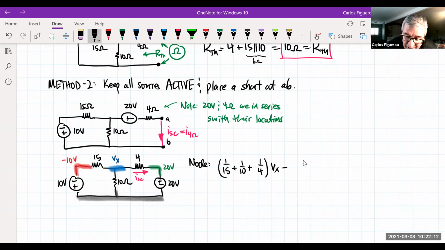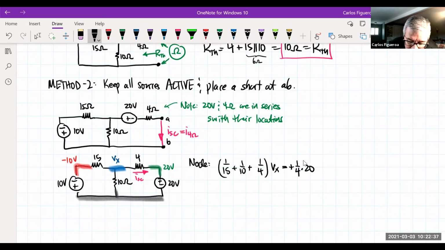So let's be careful here. Note, 4 is connected to a constant. 15 is connected to a constant. So let's see if we could be clever here. If I do 1 over 4 times 20, that's negative on the left. When I take it to the other side, it's going to be positive 1/4 times 20. And note, I have that minus there.